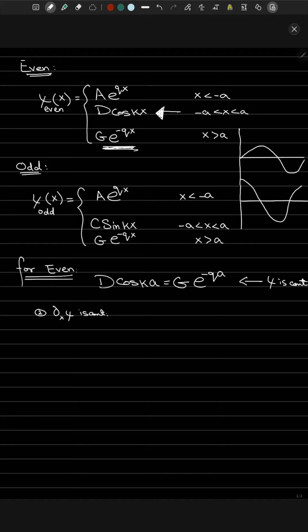So if I take the derivative of this thing, I'd get minus k d sine ka is equal to minus q g e power minus qa. Now I have two equations.